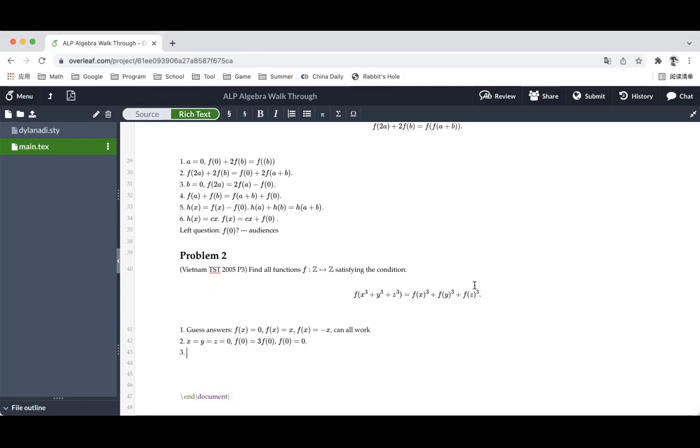You can also try other substitutions, but what I notice here is that f(x) is actually an odd function. But how do I know that? Still substitution. You can substitute y using -x and z equals 0, and then you can get that f(-x) = -f(x), and it implies that f(x) is an odd function.